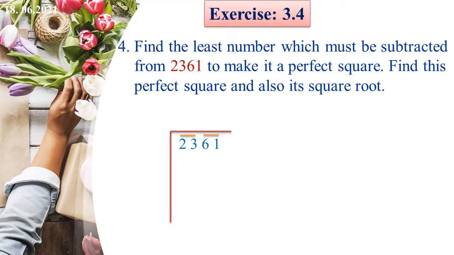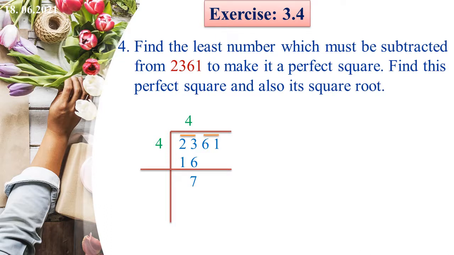Here, 4 square is less than the first period 23. So, take this number as the divisor and the quotient. Then, multiply 4 and 4, we will get 16. Now, subtract 16 from the first period 23. We will get 7 as the remainder.